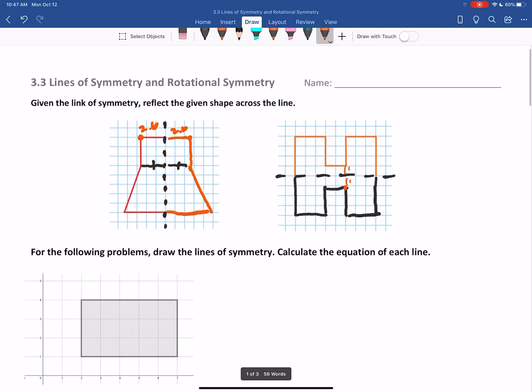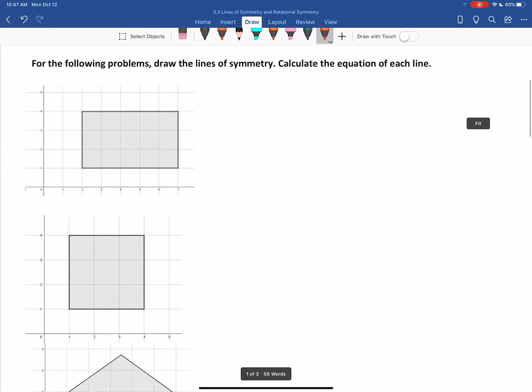Okay, so the main thing we want to look at is, if I give you a shape, you have to draw all the possible lines of symmetry. If you fold a piece of paper, it has to map back onto itself perfectly. So for a rectangle, we've got 2 different lines of symmetry, which is going to be this fold and this fold.